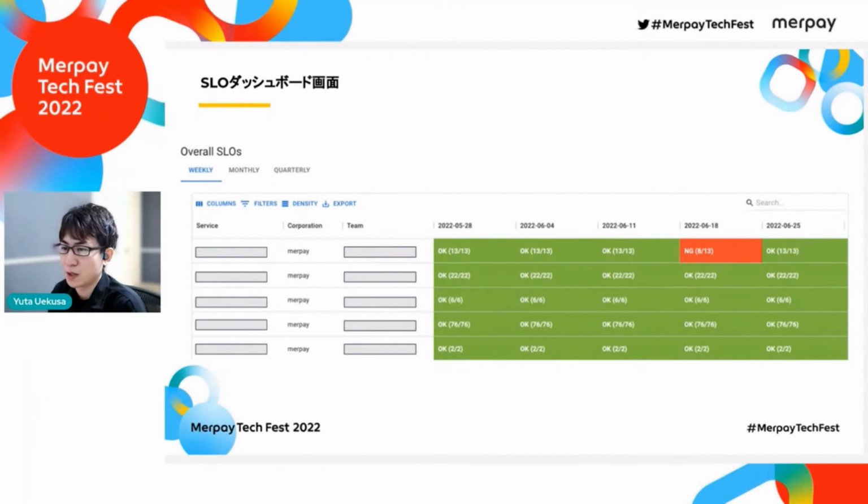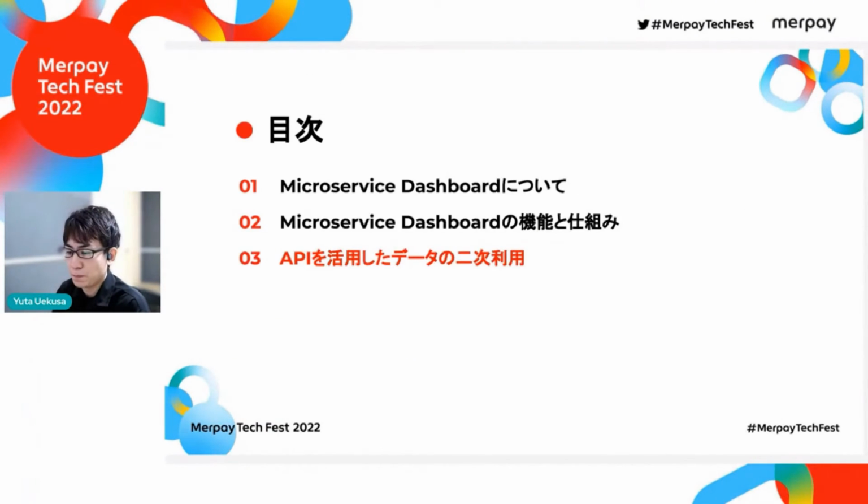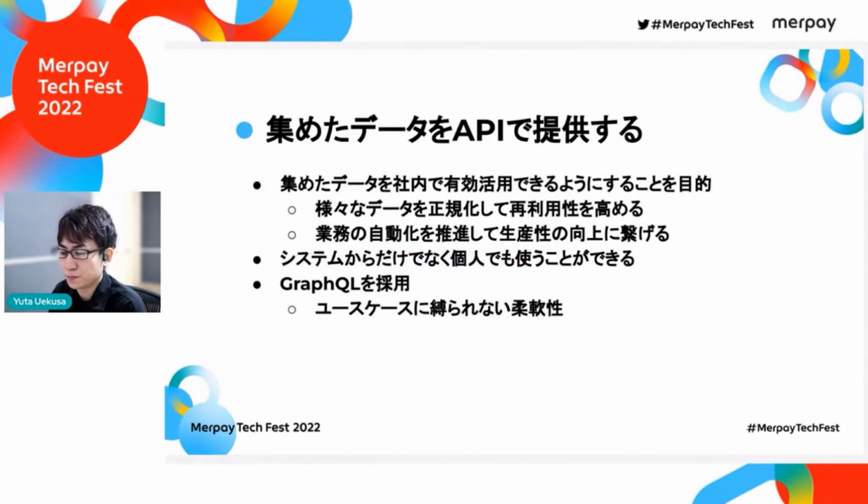Finally, I will introduce the API provided by Microservice Dashboard and some examples of its use. Microservice Dashboard provides an API to make effective use of collected data within the company.